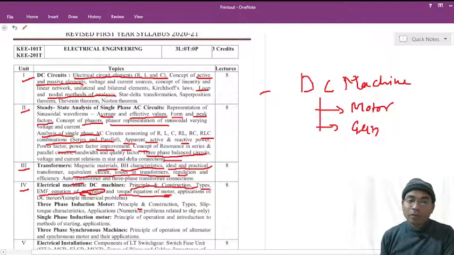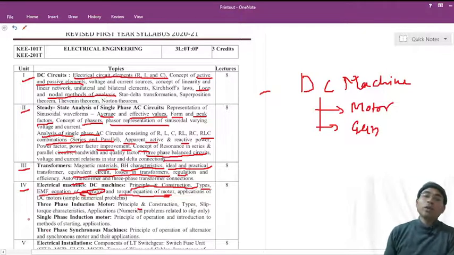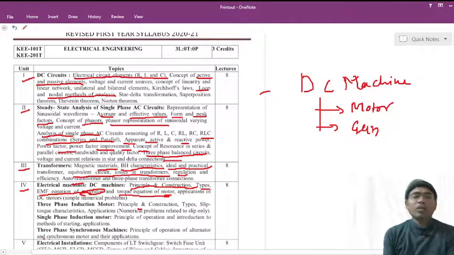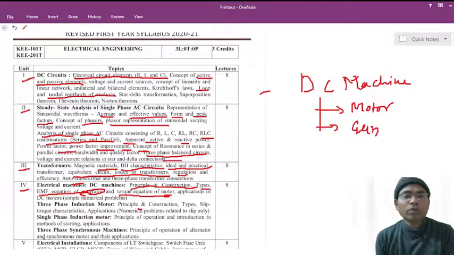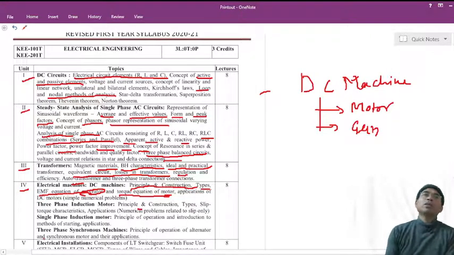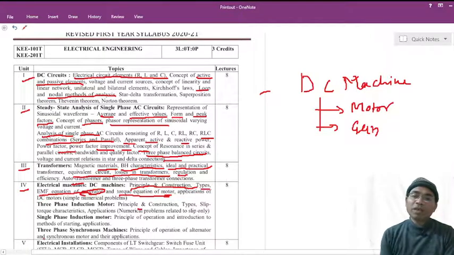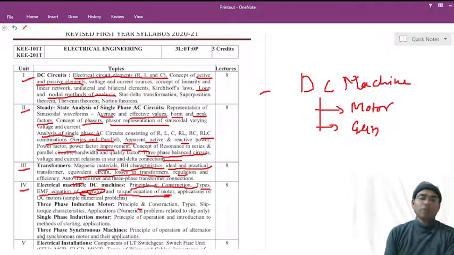The EMF equation of the generator and the torque equation of the motor will be derived in this unit, and then the application of DC motor. You can see that for the motor you will only learn the basic working principle and the output of the machine. The output of the motor is actually the torque or the force or the speed you get, and the output of the generator is the EMF. So you are just studying the working principle, construction, and the output of the machine.